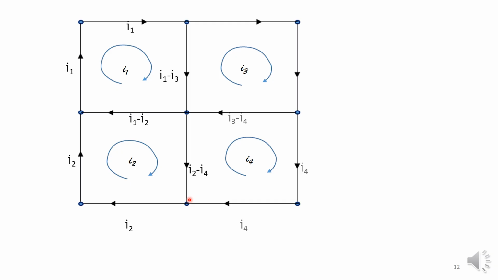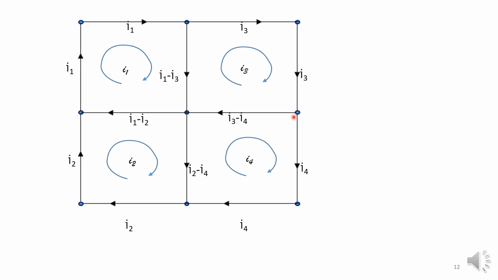Next we'll go to I3. I3 will contribute I3 to this branch, I3 to this branch, I3 to this branch. All of these are positive because it's in the same clockwise direction. But for this branch, it goes against the arrow, so it will contribute minus I3.